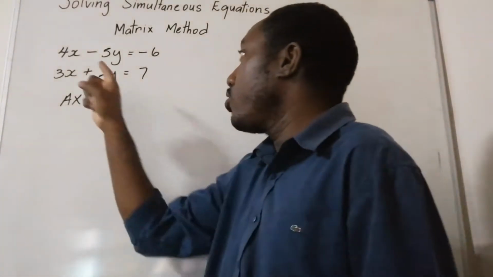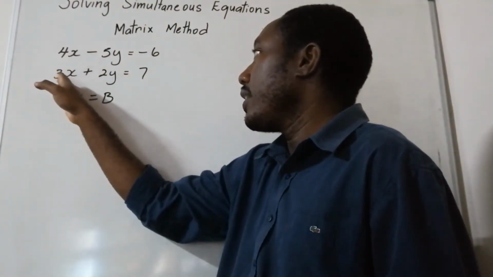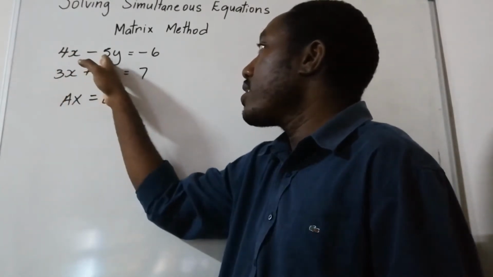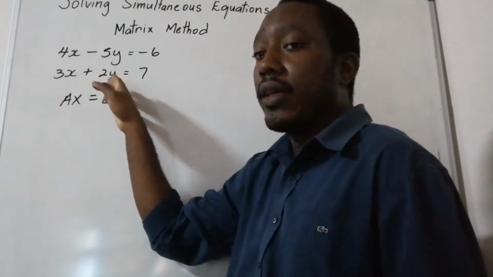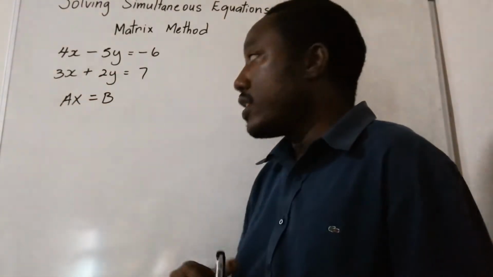Note that each letter is placed under the same letter, so 4x and 3x, minus 5y and plus 2y, one under the other. So it's important we have it in this form.